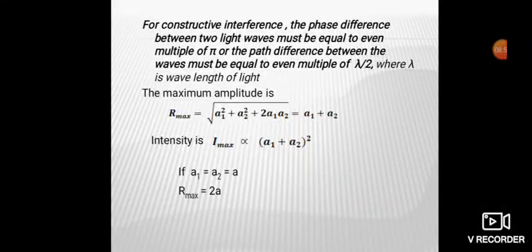So A1 is equal to A and A2 is equal to A, then we can write A plus A. Therefore, R maximum is equal to 2A. Then the maximum intensity I maximum is directly proportional to the square of the amplitude. The amplitude we got is 2A, so the square of the amplitude is 4A square. So this is for constructive interference.